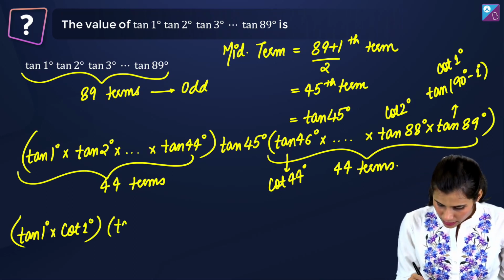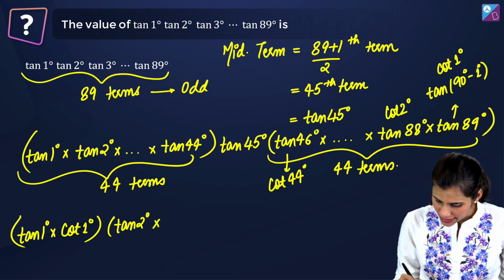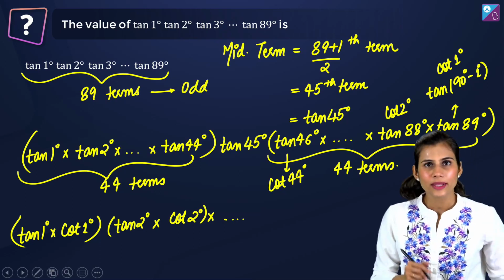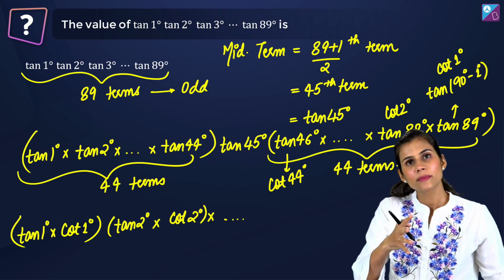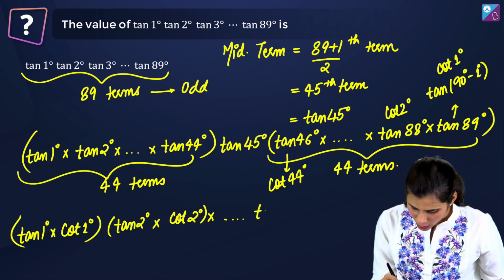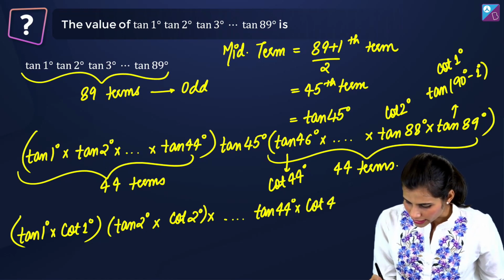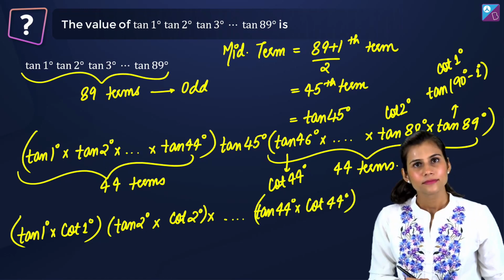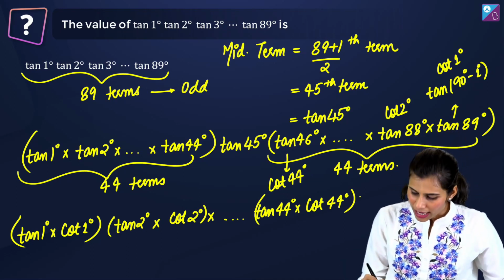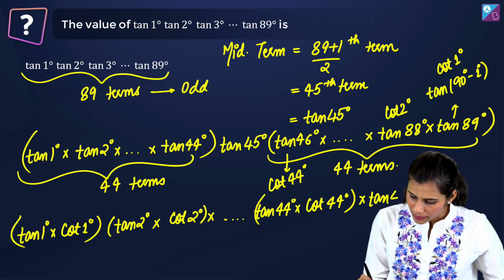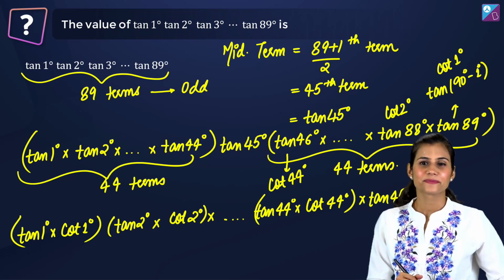Then the product of the second term from the beginning and the second term from the end, which is tan 2 into cot 2. Similarly, the third terms will be tan 3 into cot 3 and so on. The 44th term from the beginning into the 44th term from the end will be tan 44 times cot 44. So we have 44 such individual brackets, and you have the last 45th term as tan 45 degrees.